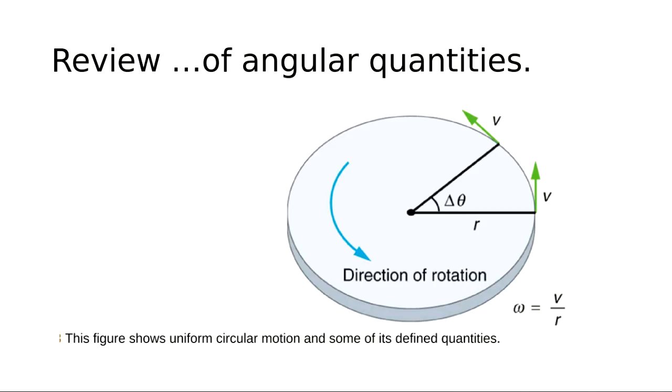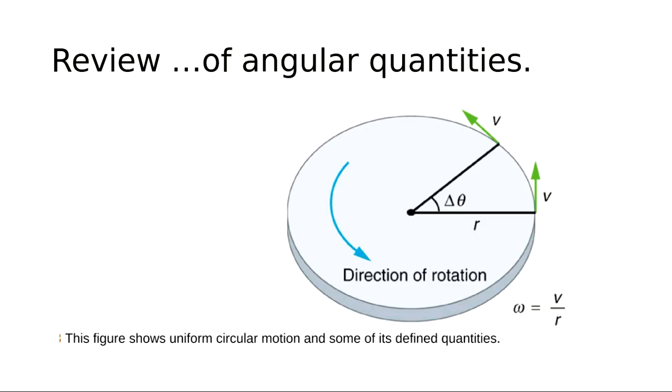Uniform circular motion was discussed in chapter 5 when we were talking about objects going in a circular fashion. But rotational motion can also be applied to solid spherical objects, and we can talk about angular displacement and angular velocity here.